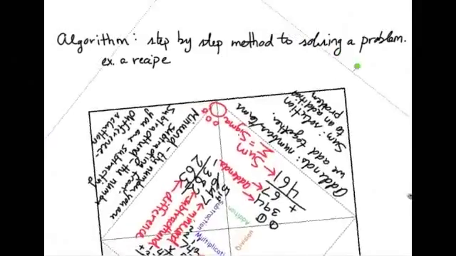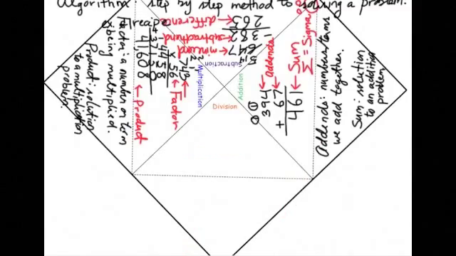So let's go ahead and rotate our template one last time. The division example that we're going to do is 4 divided into 662.